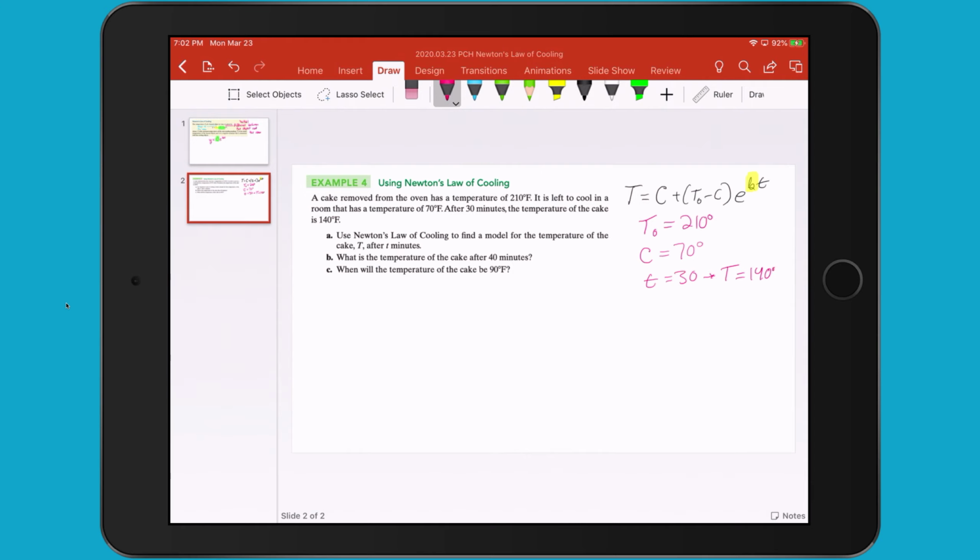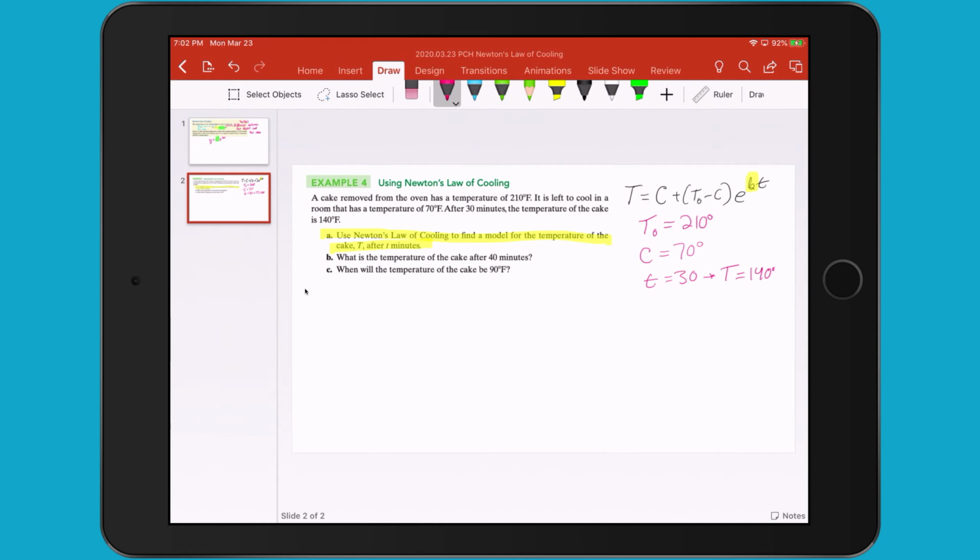So I'm going to plug all that into Newton's law of cooling up here, and let's see what we get. Because what we're doing is solving part A, find a model. And to find a model, we have to find k from this other information they've given us.